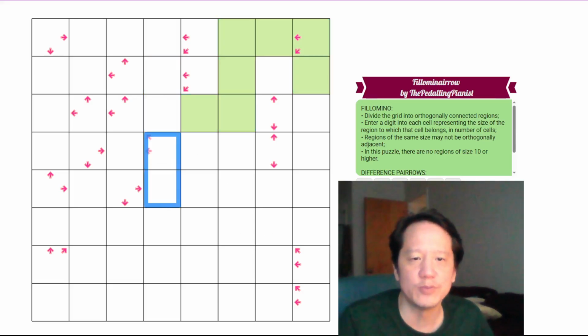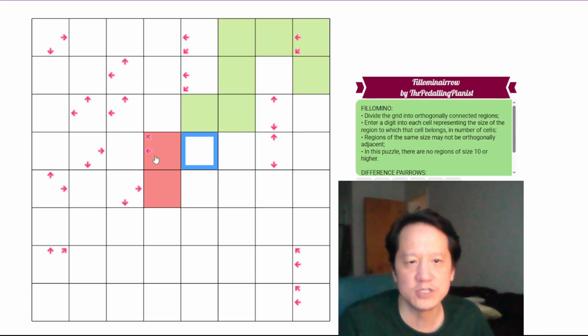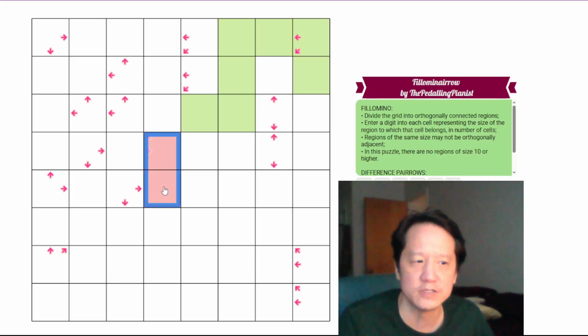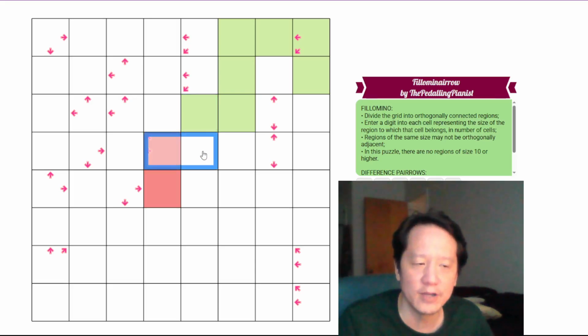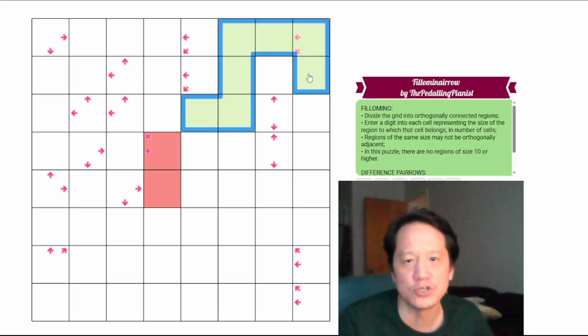This would be an example of an invalid one because these two cells, even though they can connect to each other by going through edges while staying within the region, cannot connect to the other cells in the region just by going through edges while staying within the region. They either have to go through a corner or go through an edge but outside of the region to do so. So that's an example of how orthogonally connected regions work.